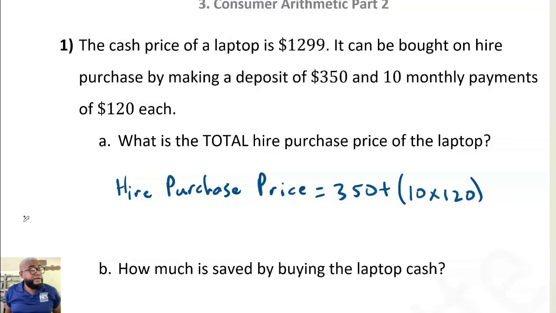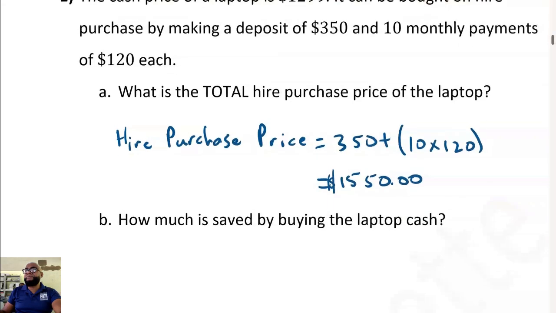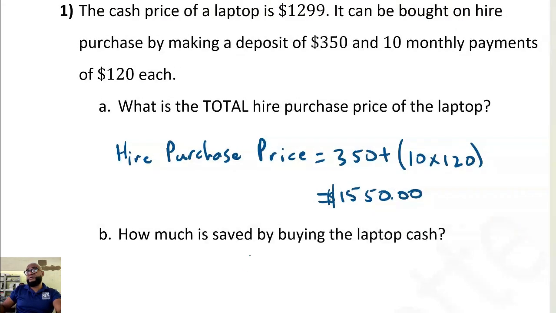Everybody good there? So that will be how much my total hire purchase price is. And when I work it out, how much will I get? $1,550. This will be my total hire purchase price for my laptop. Is everybody clear here? How much is saved by buying the laptop cash? How much the cash price was?